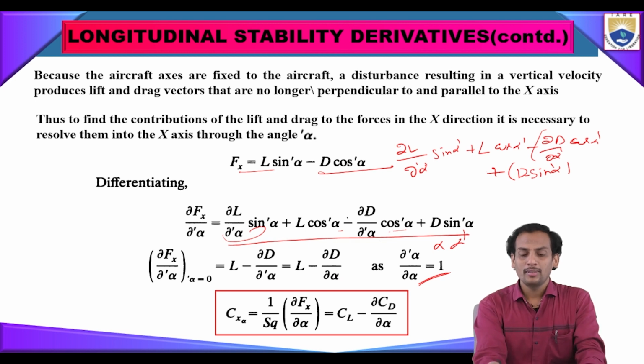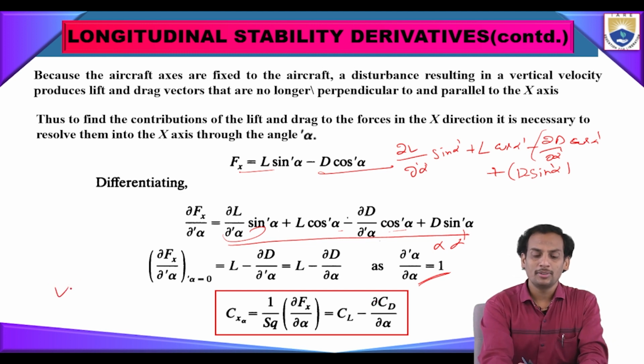Okay, so now if you multiply this with 1 by SQ, which we already made for CXA, so what will it be? 1 by SQ into ∂Fx/∂α. If we make this Fx in terms of L, what is L?